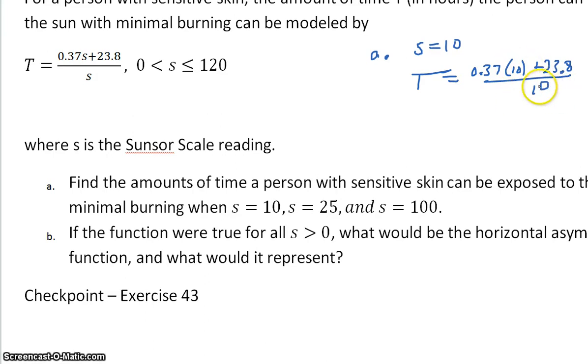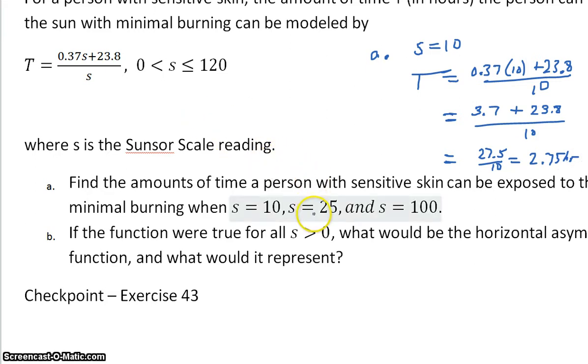Now I can't just cancel these out because of this plus. So what I'm left with is 3.7 plus 23.8 over 10. If I add those together, I get 27.5 over 10. Which reduces to 2.75, and that's in hours.